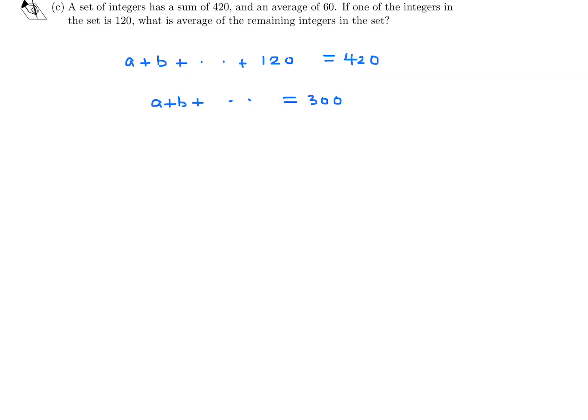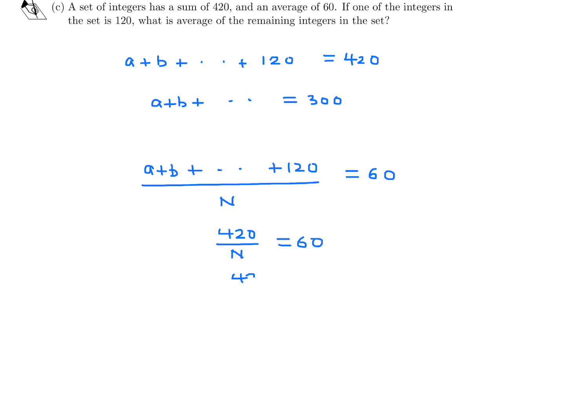So basically, if I took all those numbers, a plus b dot dot dot plus 120, and then divided by the total number, they're saying that is equal to 60. But we know this sum right here is 420, so I can substitute that in. 420 over n is equal to 60. And then cross multiply, and you get 420 over 60 is equal to n, and that gives me a value of n being equal to 7.